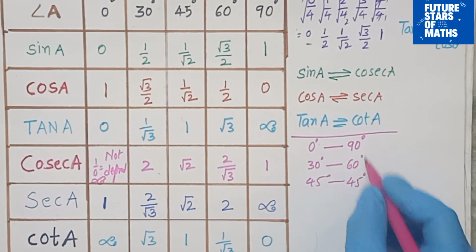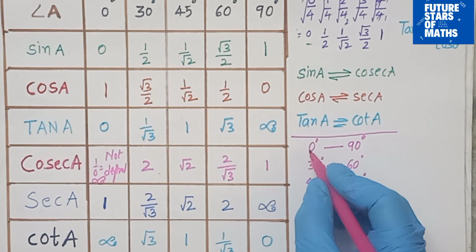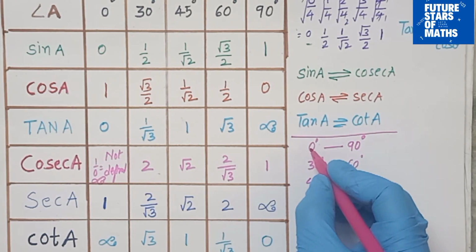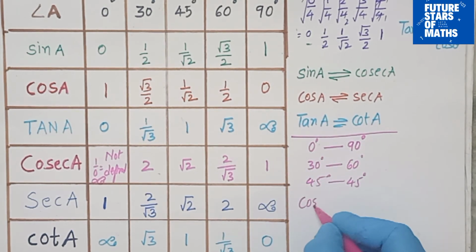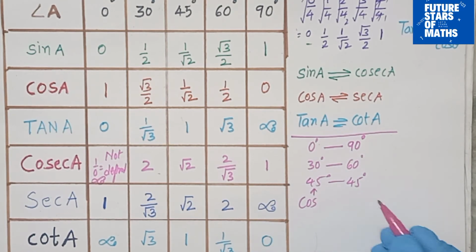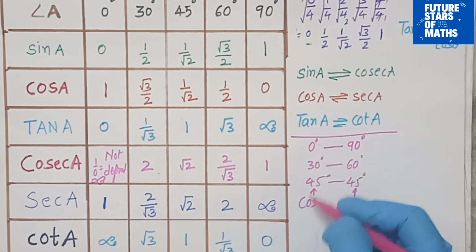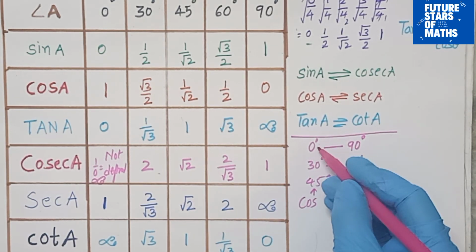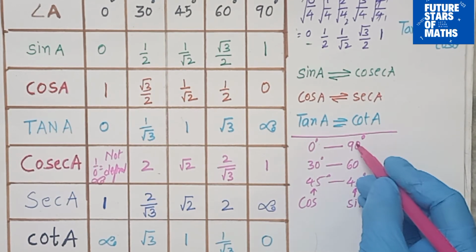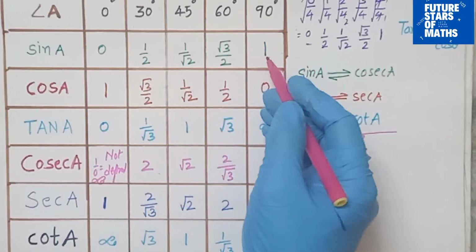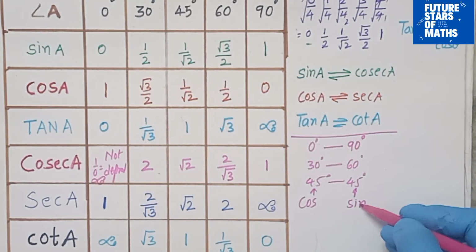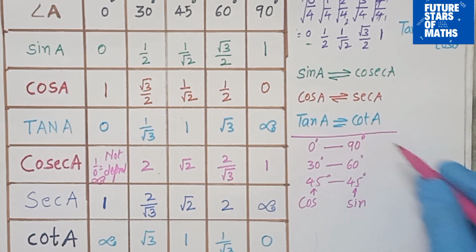For what am I writing all this? Whenever you are writing cos 0, you have to recall the sine value. Cos 0 means, we don't know what cos 0 is, but sin 90 we know, since we have learned this line by heart. So what is sin 90? It is 1.